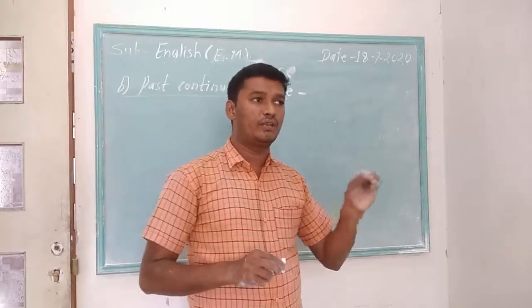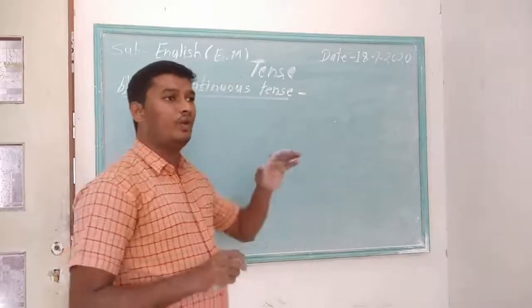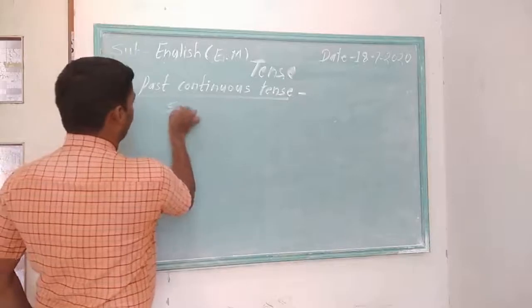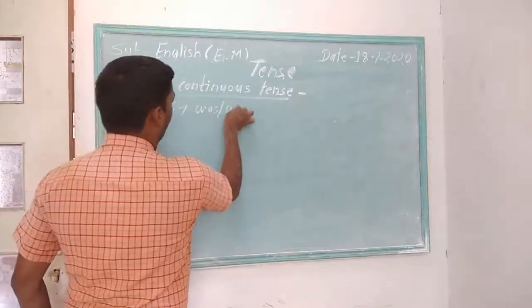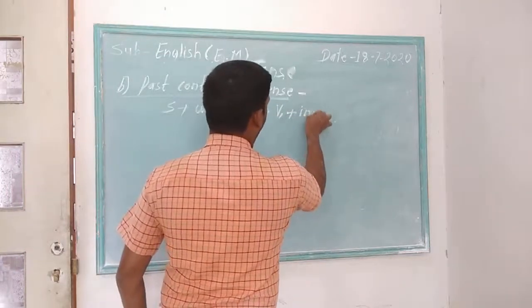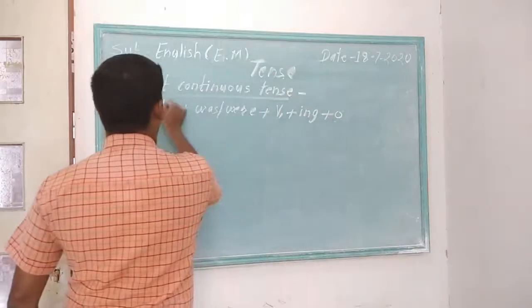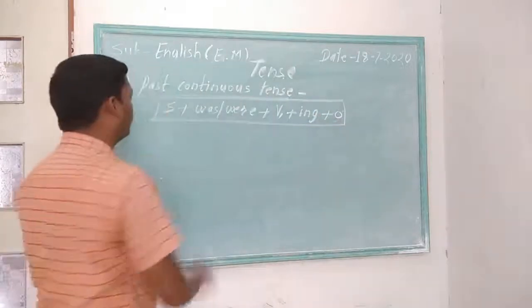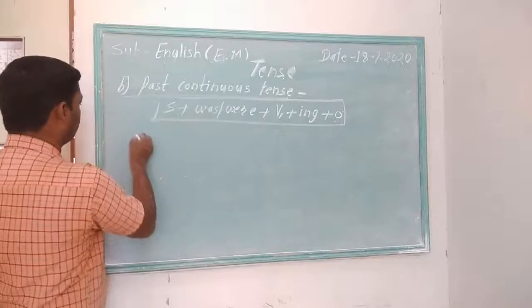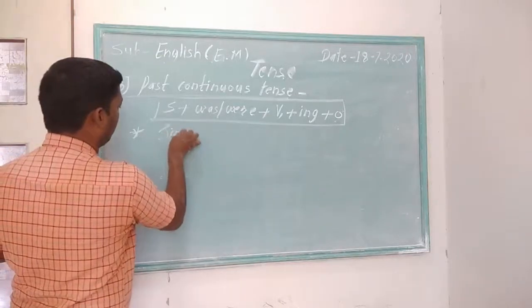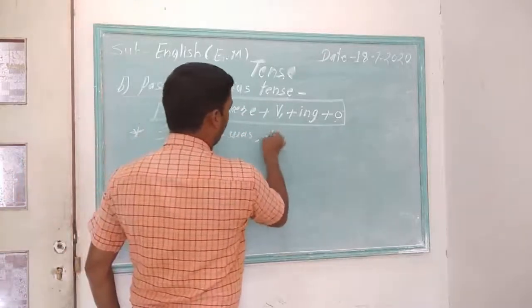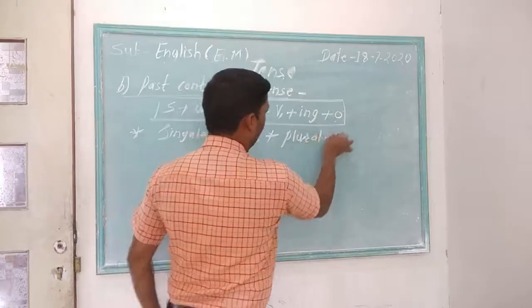So its structure is S plus was/were plus V1 plus ing plus O. If the subject is singular, we take was. If the subject is plural, we take were.